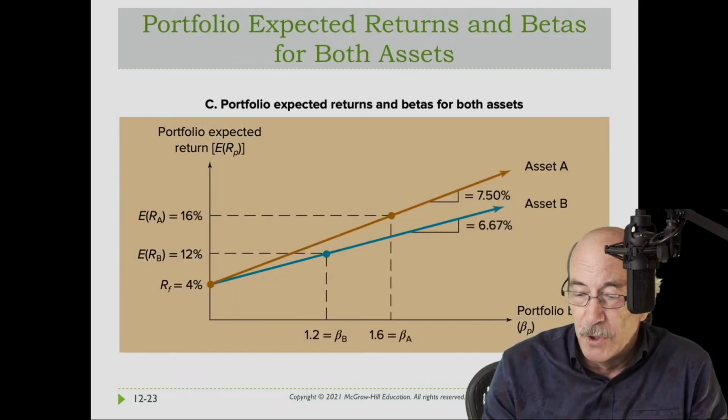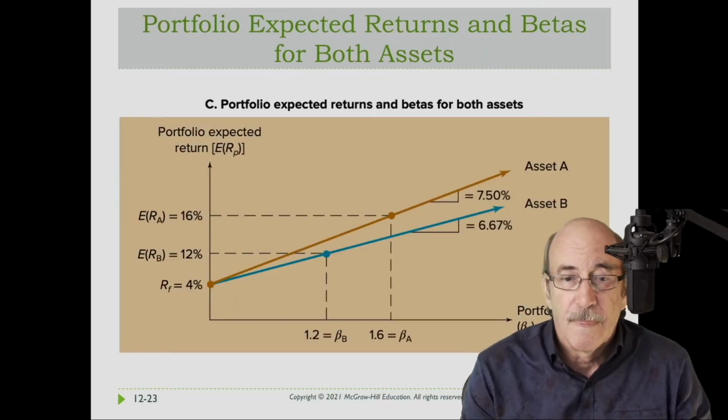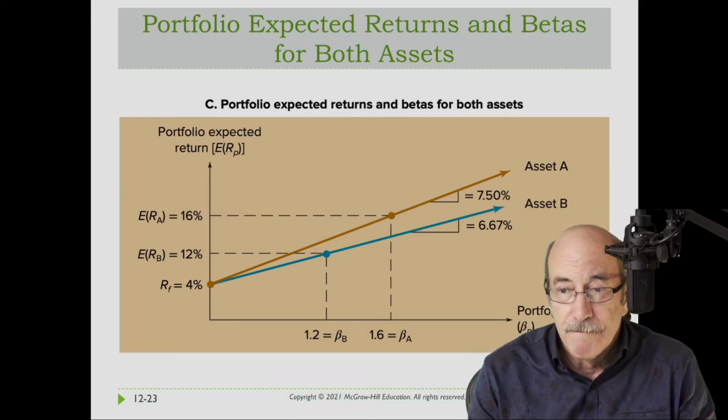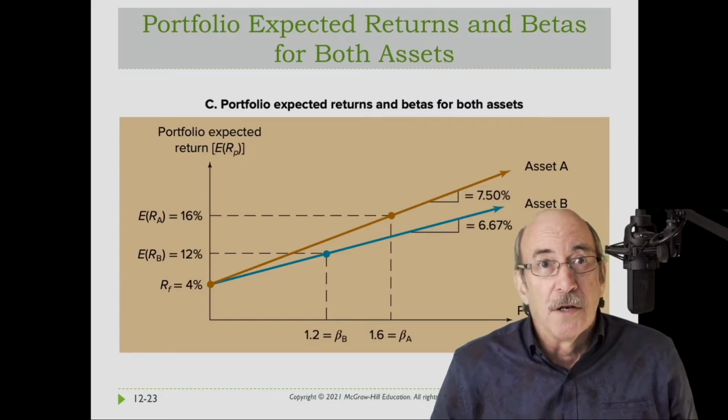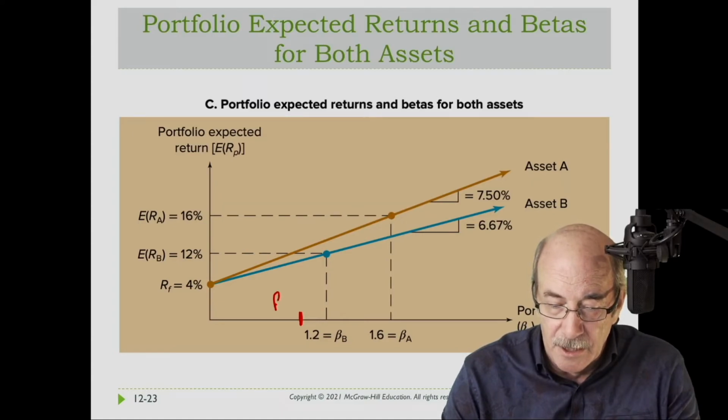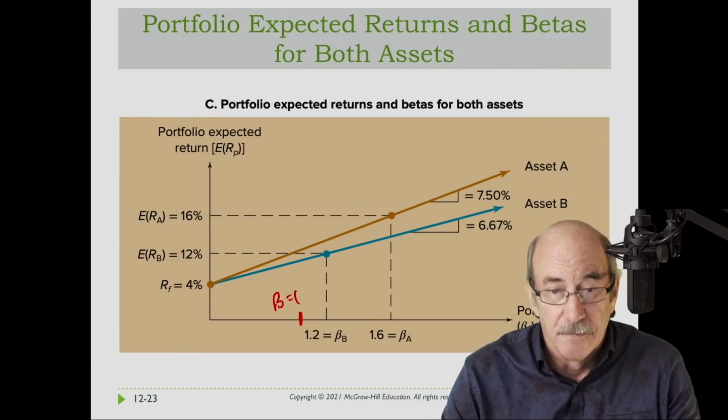All right, now we'll put them together. Now it's pretty clear, right? Nobody wants asset B. Everybody wants asset A. And it doesn't matter how much risk I want. Let's say I only want 1 beta's worth of risk. So I'm down here at beta equals 1.